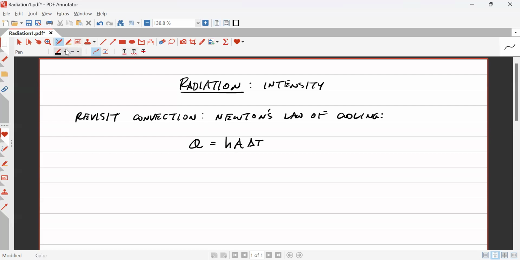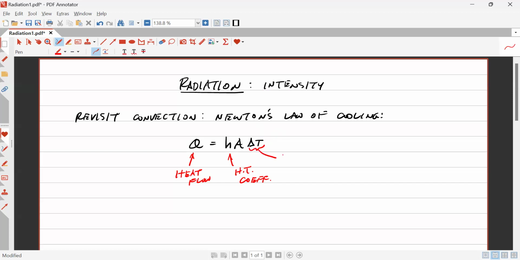So let's look at this equation a little more philosophically. Here, of course, Q is our heat flow. H is our heat transfer coefficient. And then you have area and delta T. So what happened back in the early days of looking at this equation when it was first derived, there were some observations.